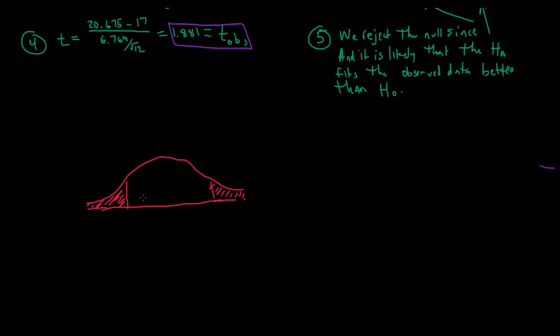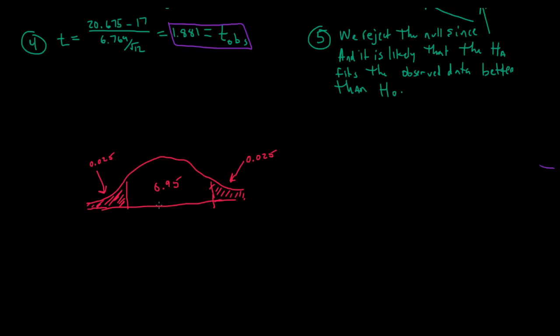Well, the non-rejection region is 0.95 if the level of significance is 0.05. That means both tails together are 0.05. So 0.05 divided by 2 means there is 0.025 area under the curve there, and 0.025 area under the curve there.